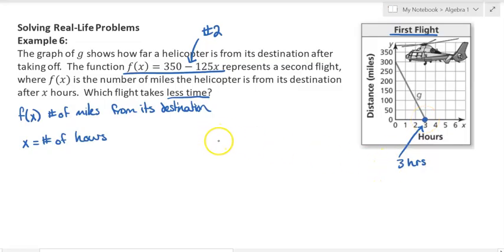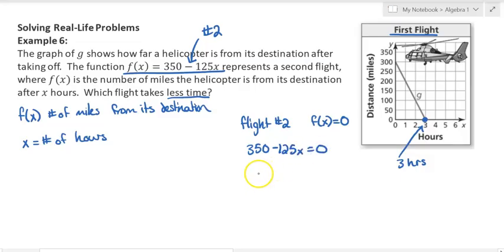So that means on flight number 2, we want f of x to equal 0 because we want it to be 0 miles from its destination, meaning at its destination. So if I go ahead and set this equal to 0, then I can subtract the 350. So I have negative 125x equals negative 350.